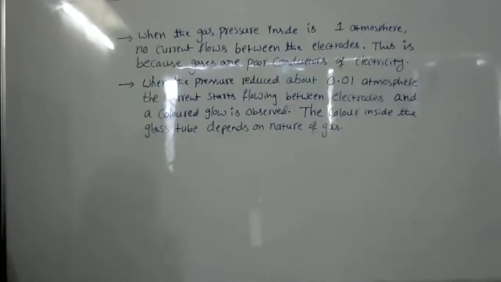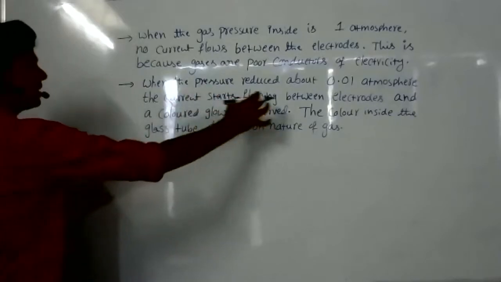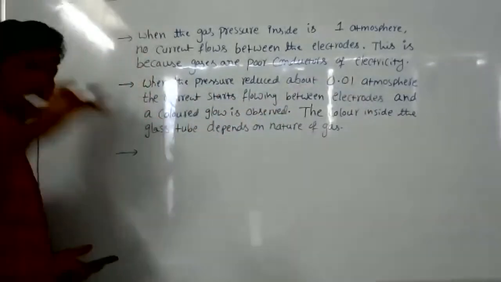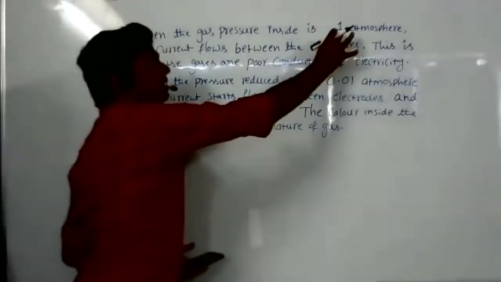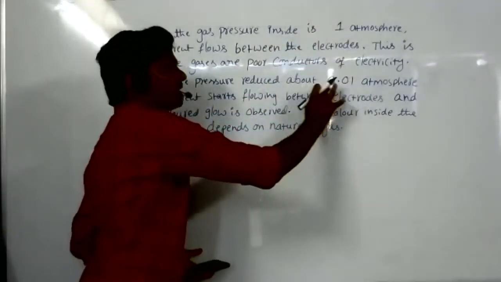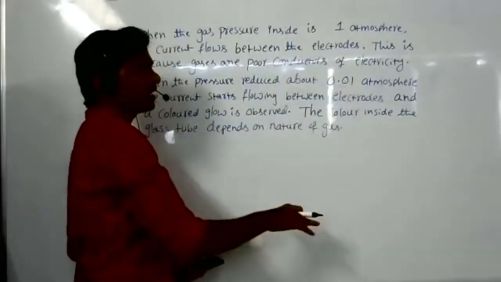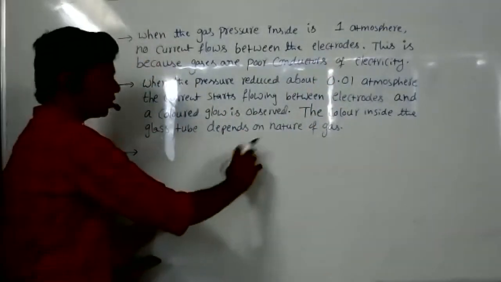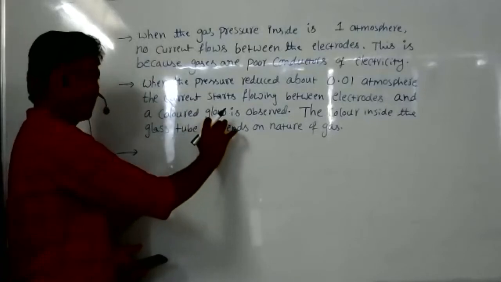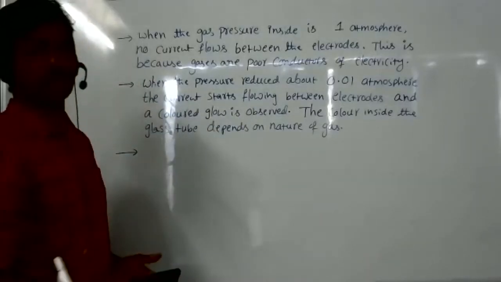Okay, next point. See here, pressure is 0.01 atmosphere. Now further pressure is decreased. At first, at 1 atmosphere, no current flows. If pressure is decreased to 0.01, current starts flowing. If we use a different gas, it shows different colors, light green, light yellow, orange, reddish brown.